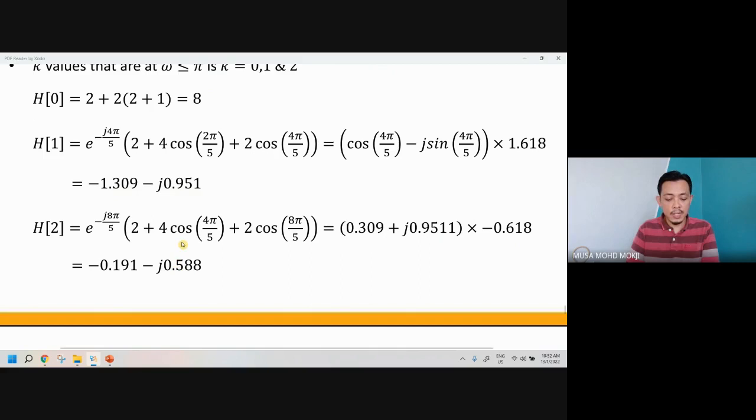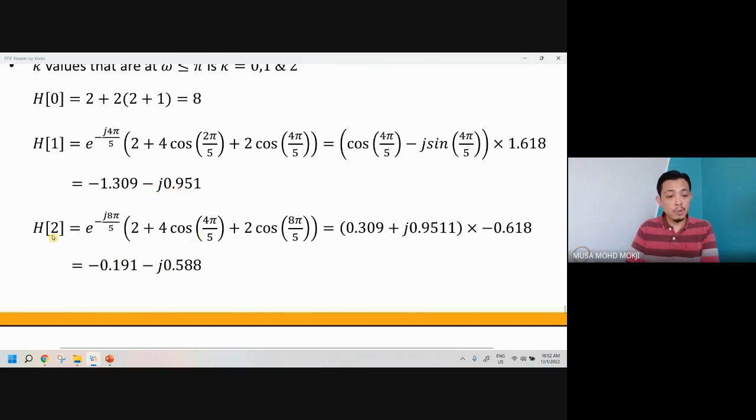And of course, we don't have to compute H3 and H4 because H3 is just a conjugate of H2. H4 is just a conjugate of H1. So then H4, because it is a conjugate of H1, you just change this sign. So H4 is minus 1.309 plus j 0.951.